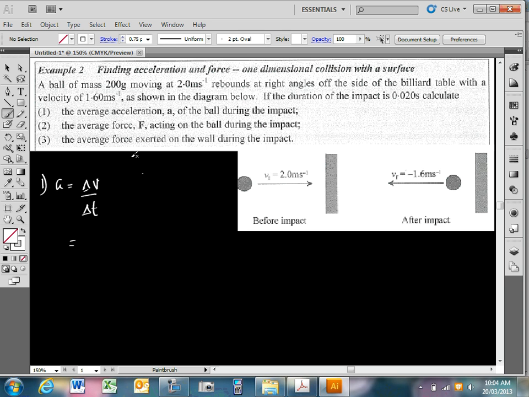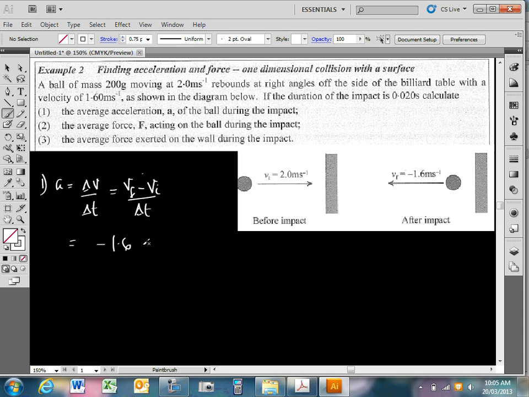Okay. So delta v, of course, equals v final minus v initial, over delta t. So we'll do it this way, exactly like that.